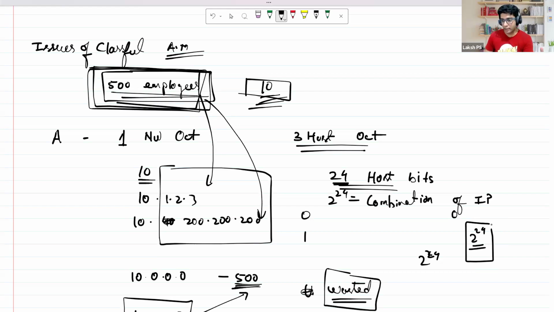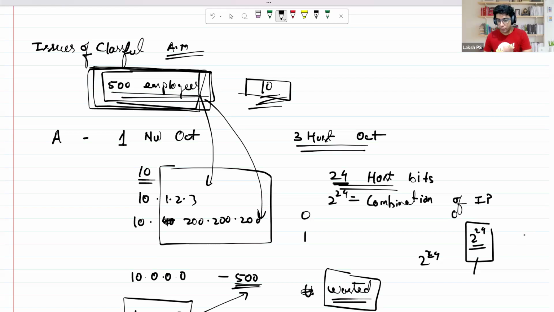And not only that, the customer is paying for these 2 power 24 IP addresses, which he's not going to use also. So that was one of the problems with classful IP addressing, meaning that if you assign a particular IP address block to a particular customer, he has to pay for it.